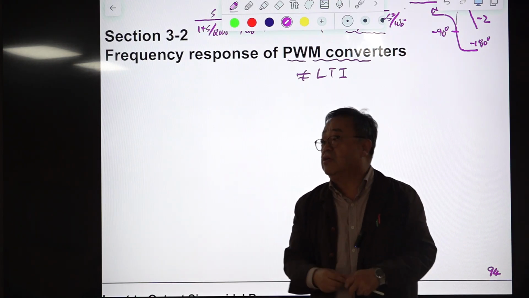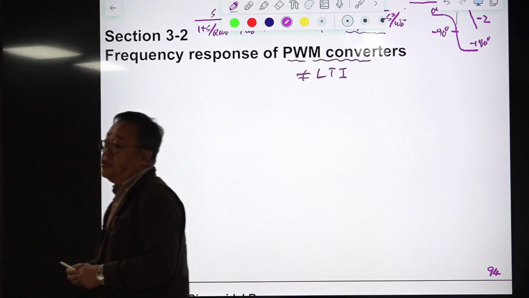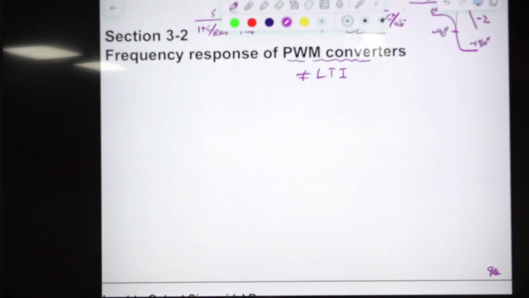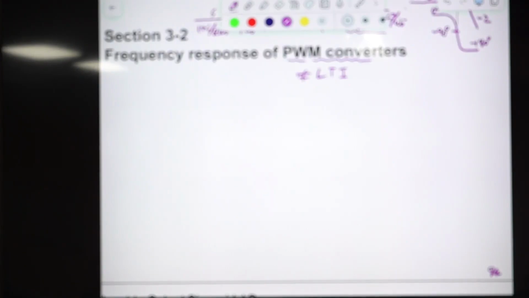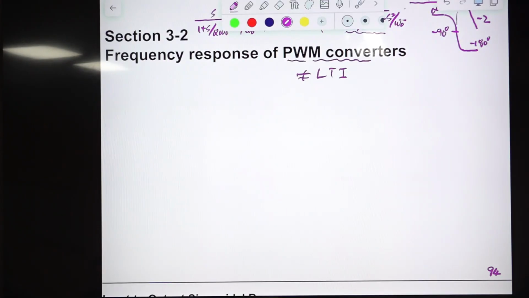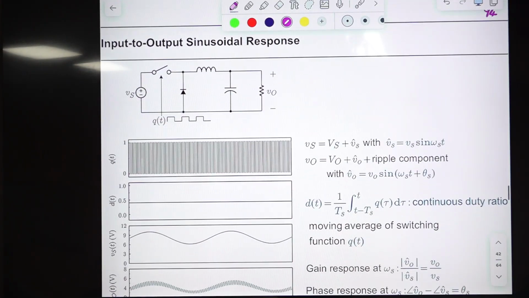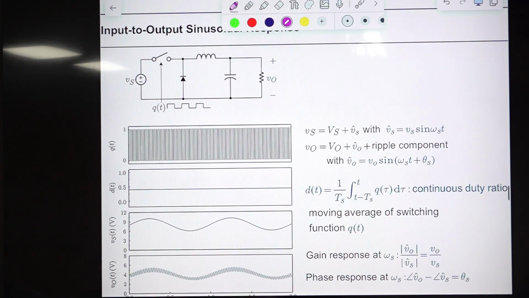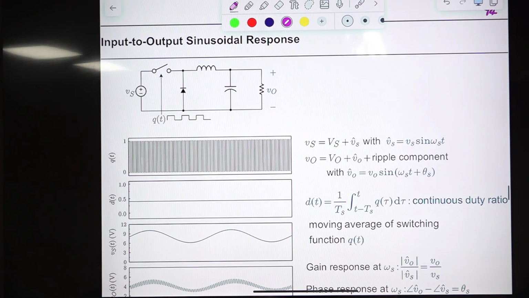So understanding the basic background of the linear time invariant system is critical to understand the nonlinear dynamics of the PWM converter. So I prepared 2 slides to demonstrate the concept of frequency response in the PWM converter.